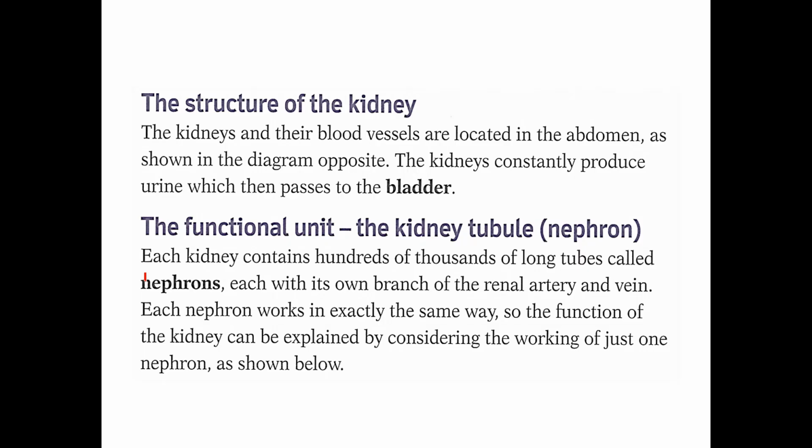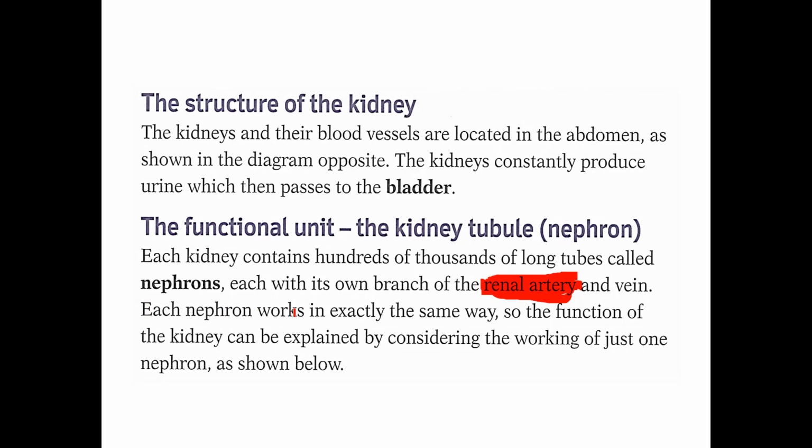The functional unit, the kidney tubule or nephron. As we explained before, each kidney consists of hundreds of thousands of long tubes called nephrons, each with its own branch of the renal artery. Renal artery is the tube that supplies the kidney with blood.